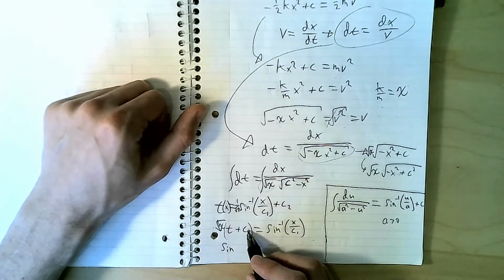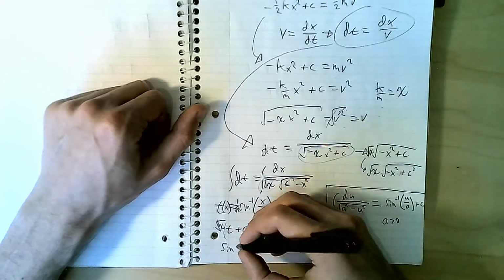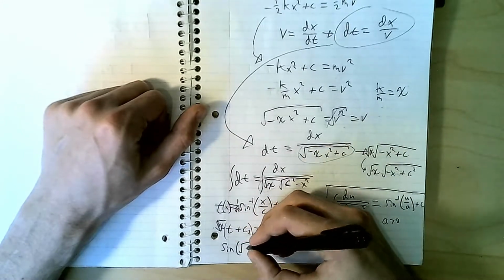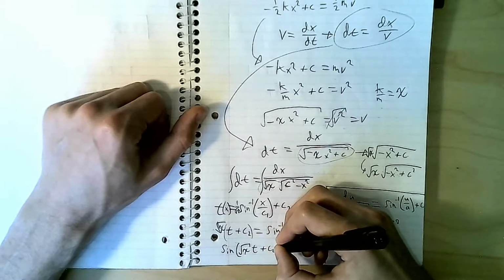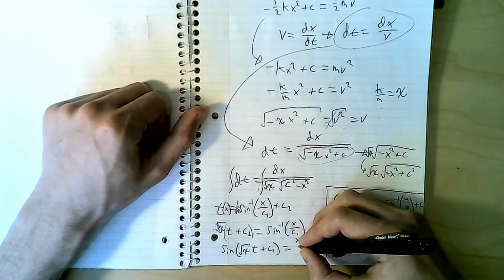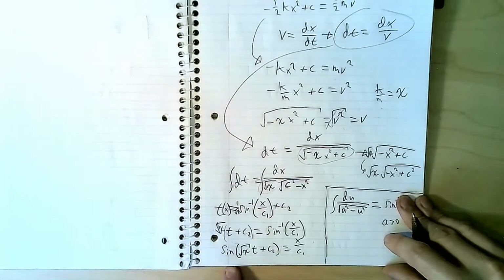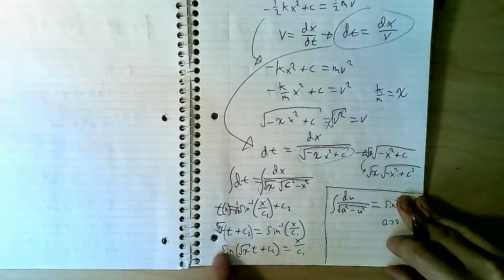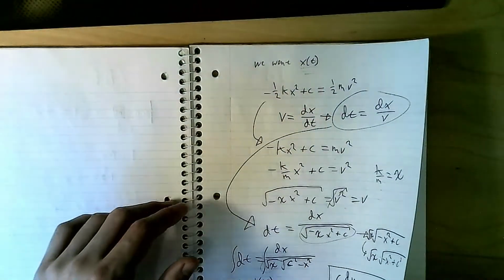And then I will suck it into the undetermined constant, and I will leave it as a coefficient of t. So, sorry about that confusion there. There we go. Equals, and now taking the sine of this side is just x over c1. So now we'll take this and multiply each side by c1 and see what we get on the new page.